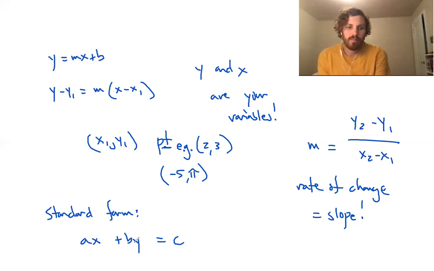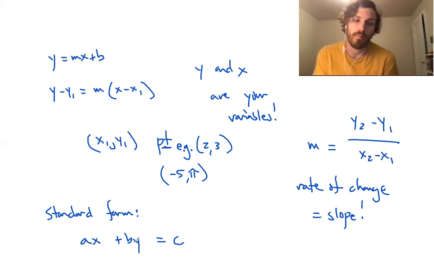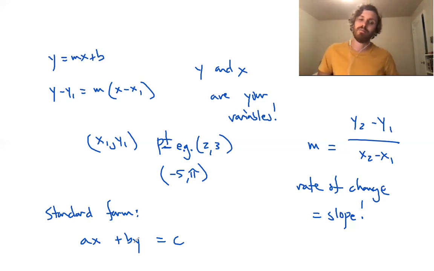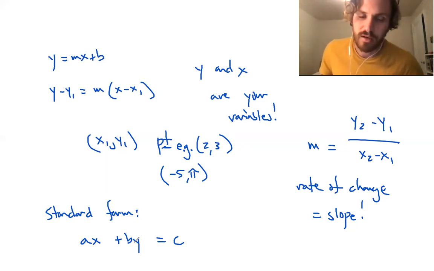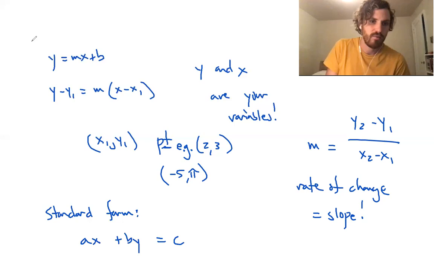It's not great because I don't know what the slope is, and I don't know what a point is on the line, and I don't know what the y-intercept of the line is, but it is useful for when we solve systems of equations using a linear combination, aka elimination. So standard form is used for some things, but not as much as your heavy hitters up here, which would be slope-intercept and point-slope. Okay?